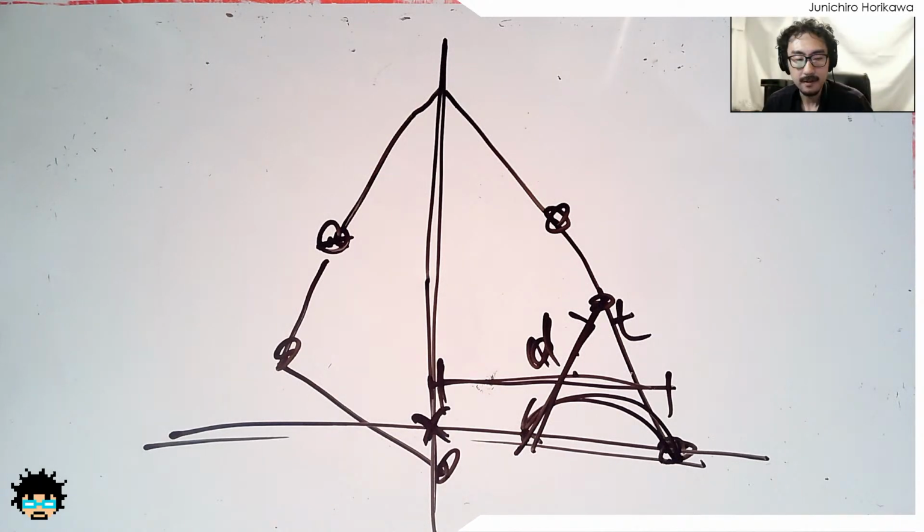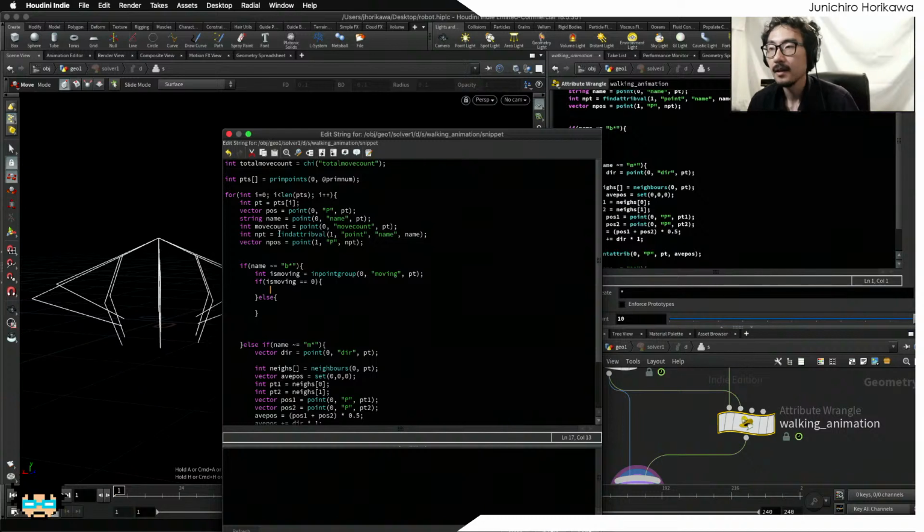So when the leg is not moving, I want to make a condition by calculating the distance between the point of the leg and the center of the base skeleton. And if the distance is far enough, using some threshold, then I want to set that foot point to start moving for the next frame.